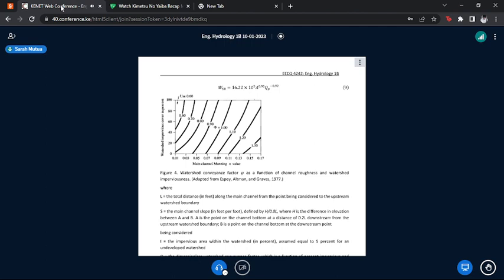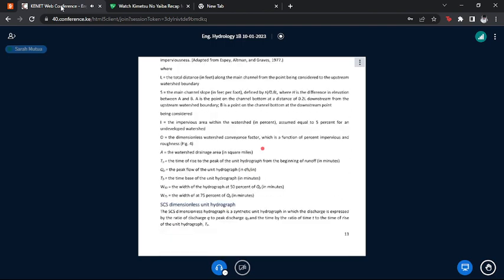If we had some regionalization equations for our area, it would make sense for us to use them, if the equations we have there are for our region.